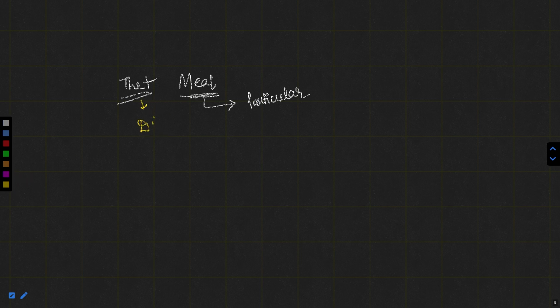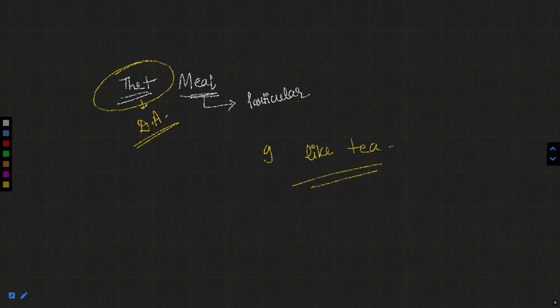Okay, the is the definite article. So here we need to put the. If I say I like tea, I'm talking about tea as a normal word. But if I say I liked that tea which you made yesterday, I'm talking about that particular tea which you made for me. So that I have made particular by relating it to someone else.